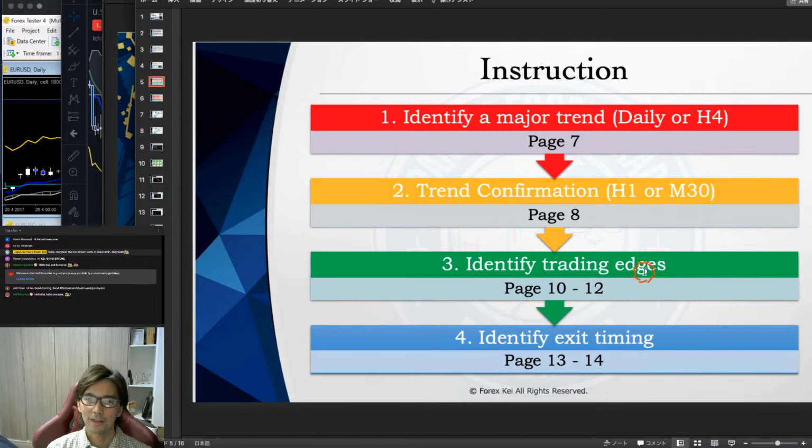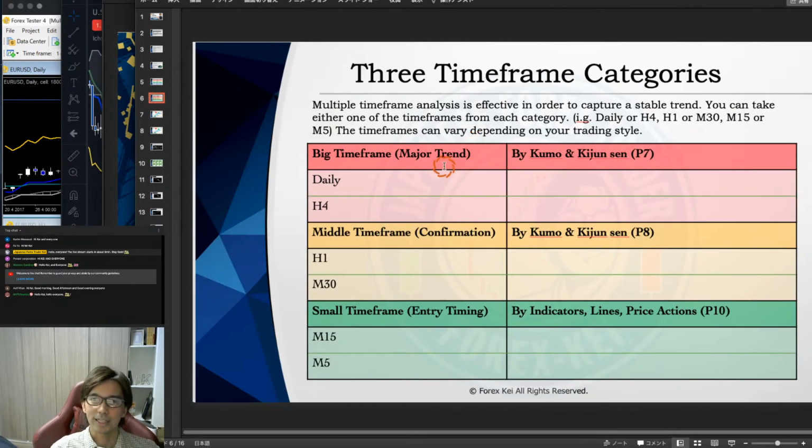So the topic for today is about the entry edge on the 5 or 15 minute time frame. Here are the 3 different time frame categories, and I will talk about the lower, smaller time frames for entry timing. This is going to be the topic for today.